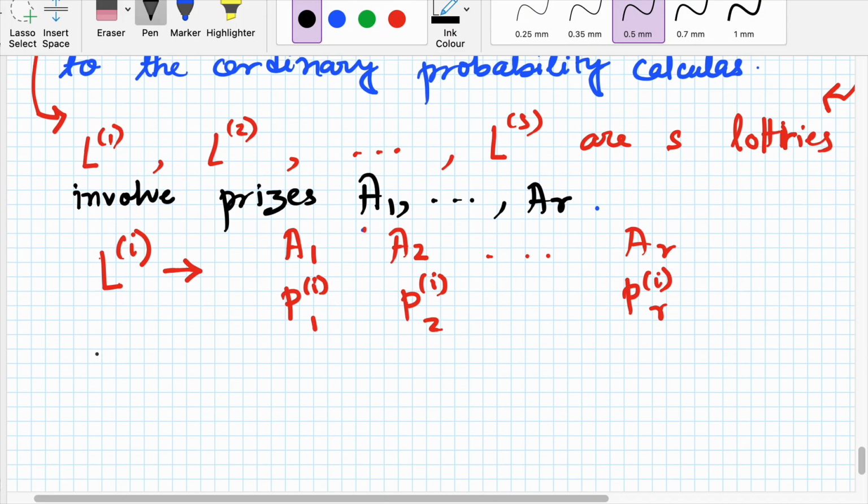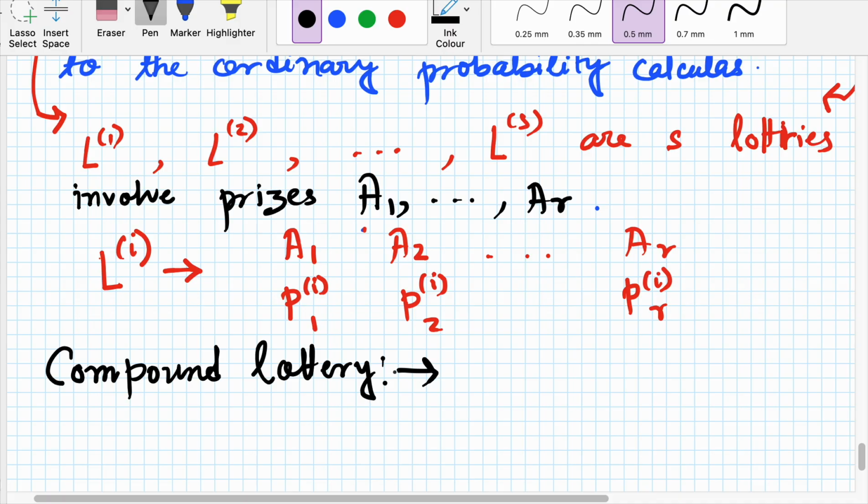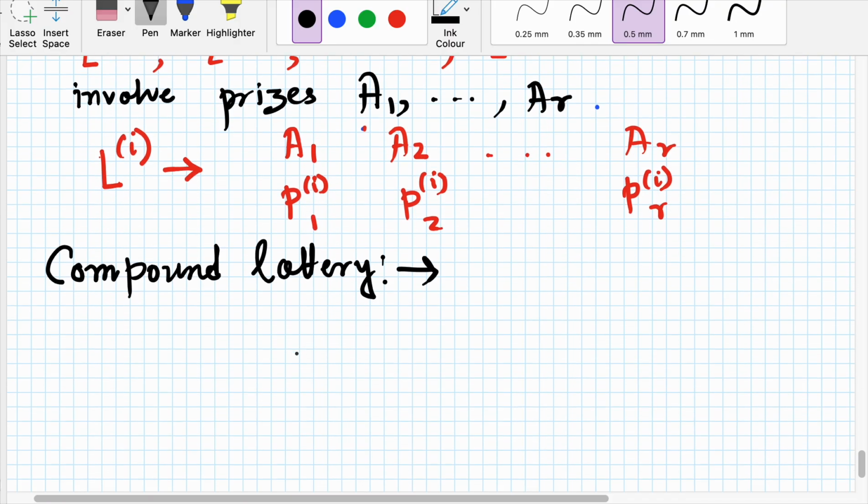Now what are compound lotteries? What is an example of a compound lottery?